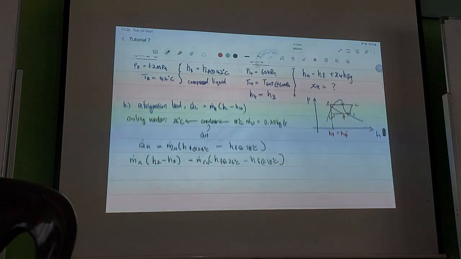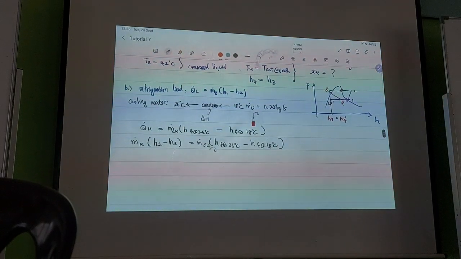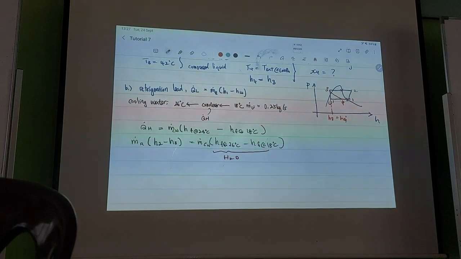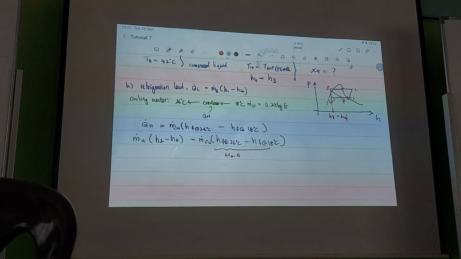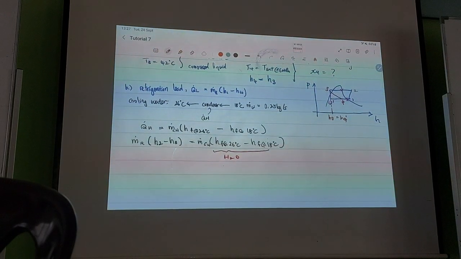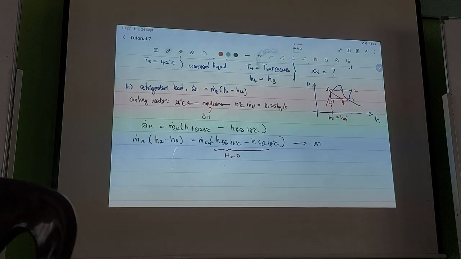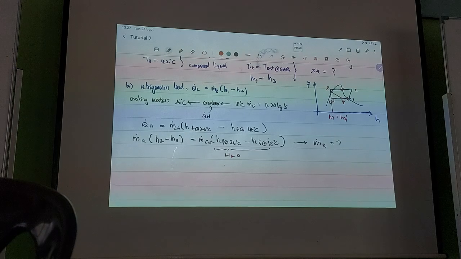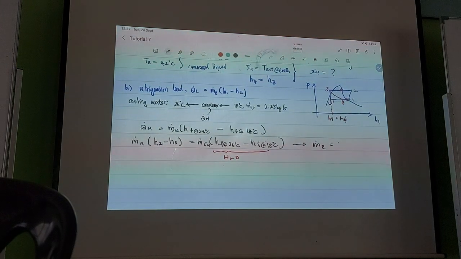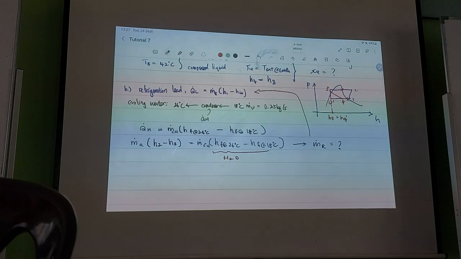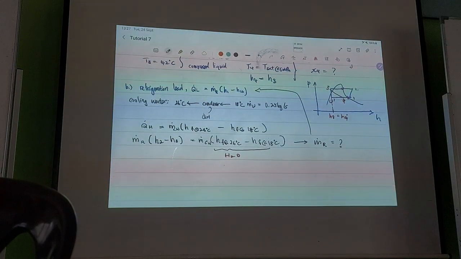But don't get confused between your tables, because this will be the table for H2O. So from here, you can get the mass flow rate of the refrigerant. Then you substitute this back into the refrigeration load equation to get the refrigeration load.